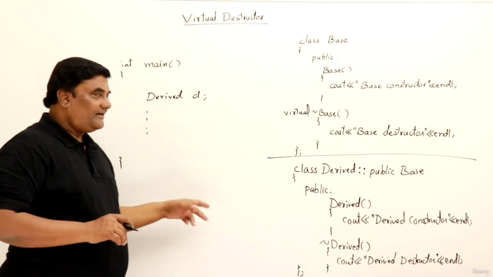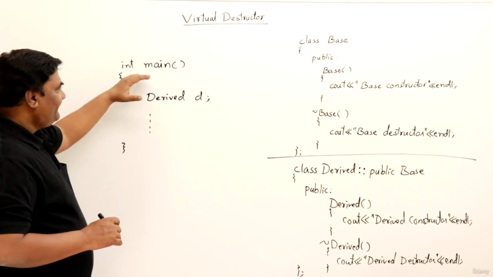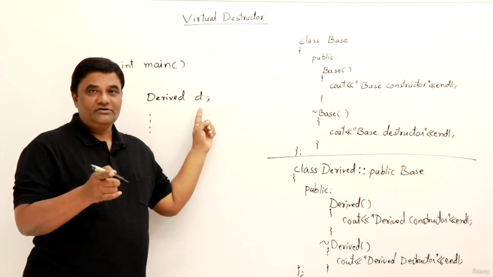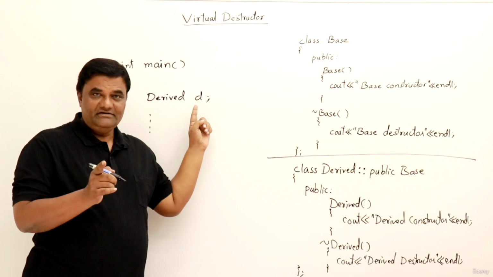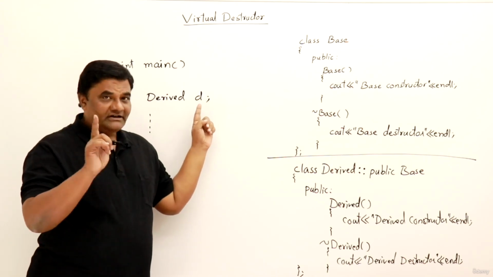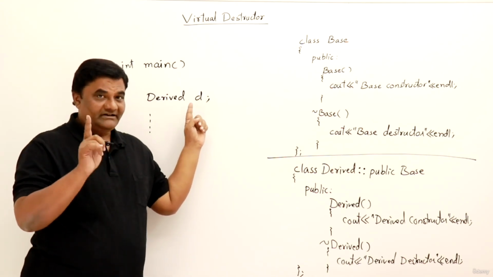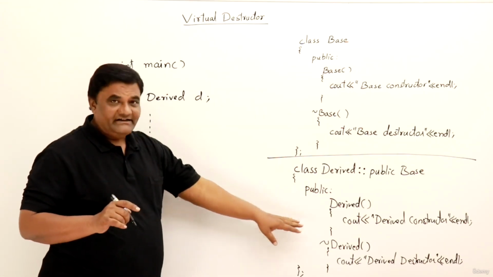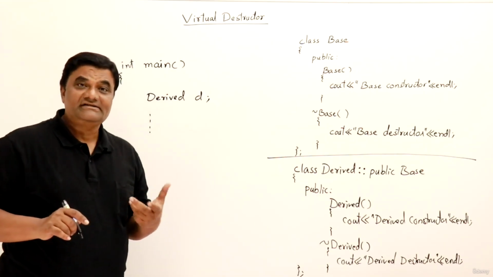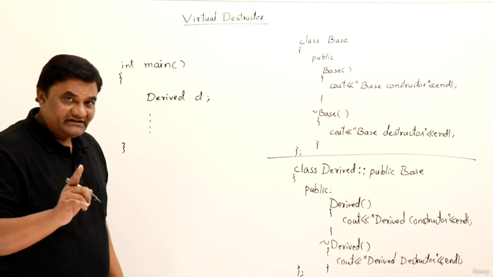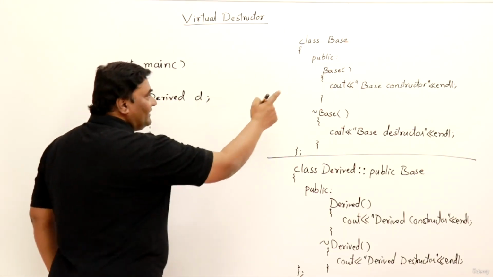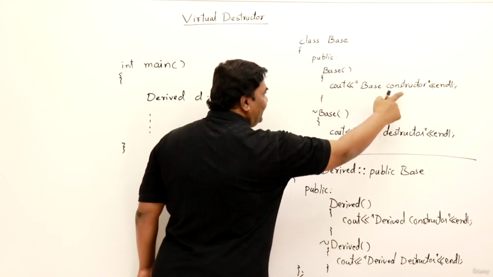Now let us see this example. Here I have the main function. Inside that main function I am creating an object of derived class D. About the constructors, we have already studied how they are called when an object of a derived class is created. The first constructor called is the constructor of the base class, which displays base constructor.